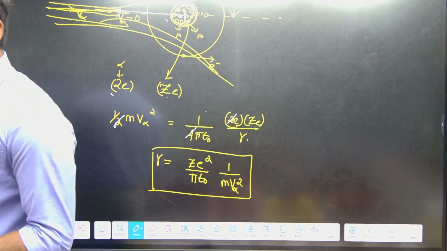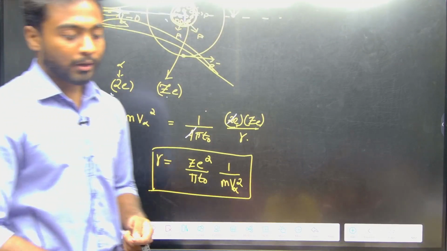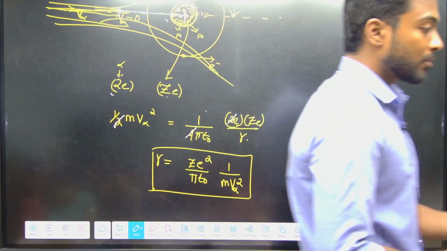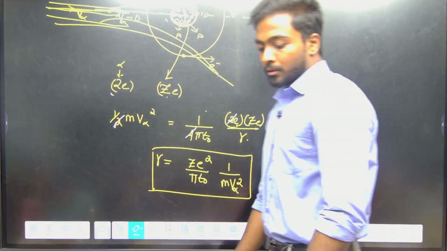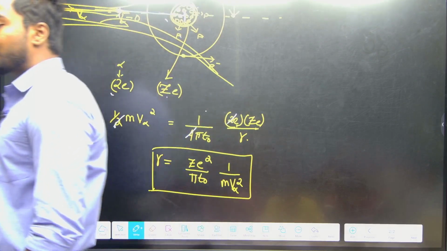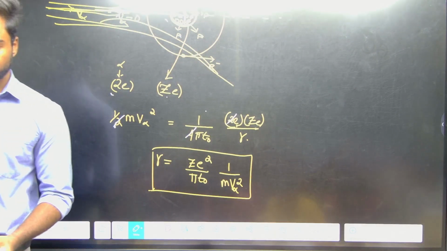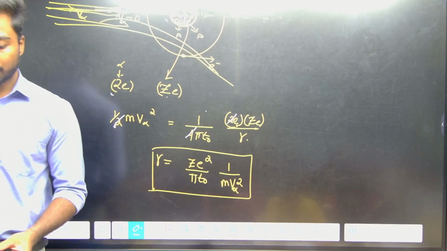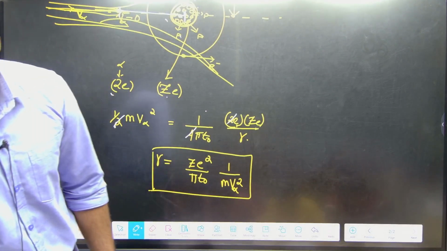Write on the point: electron revolves in a circular orbit. In bracket, you can write it is a stationary orbit.